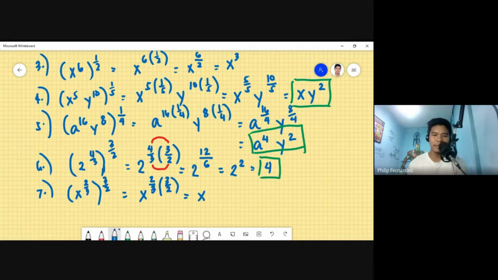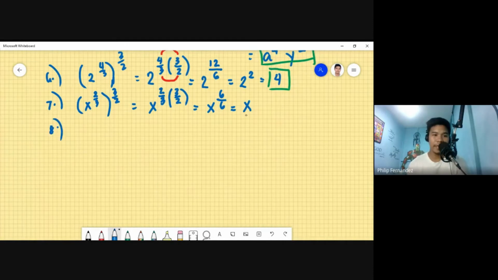And then we have 2 times 3, 6, over 3 times 2, 6. And then 6 divided by 6. What is 6 divided by 6? 1. So we have now x raised to the first power. Kasi nga, pag 1 na lang yung exponent, we don't need to write it na. So the answer is x. Any question?